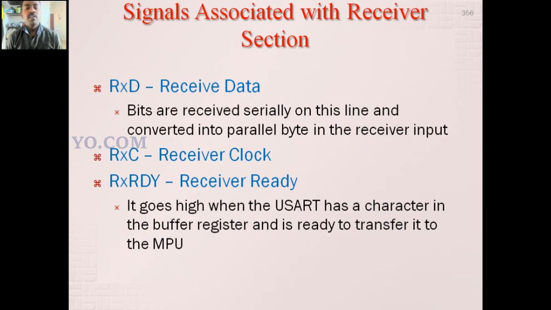The receiver clock is used to control the received data rate, the receiving bit rate, how many bits per second are received. Then RxRDY, receiver ready, goes high when the USART has a character in the buffer register and it is ready to transfer it to the microprocessor unit. If it is 0, it is not ready to transfer the data to the microprocessor unit.